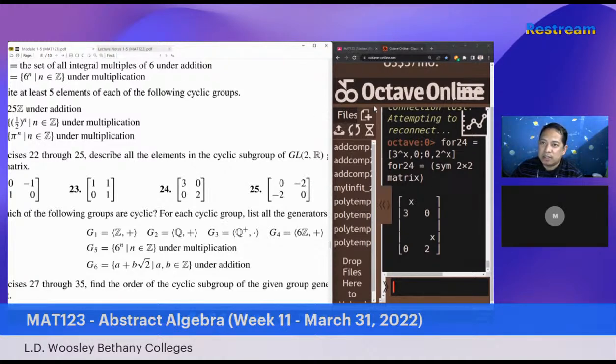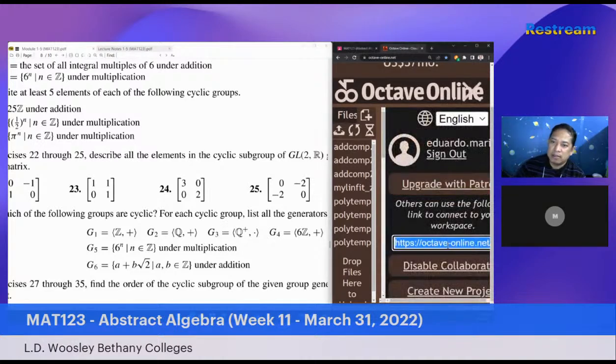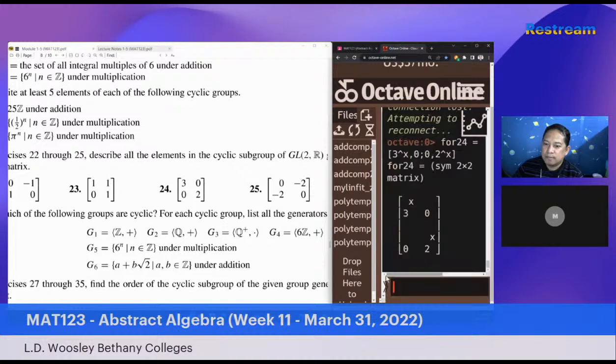Okay, you could type your answer in Octave if you want. I'll be giving the link. Oh, yes, it can produce the identity element.